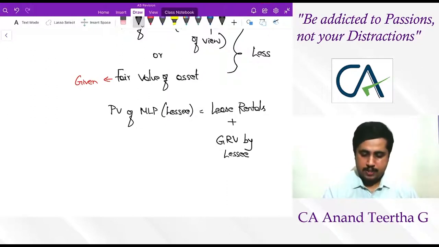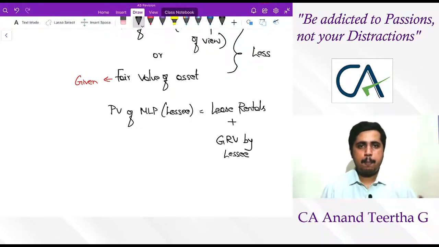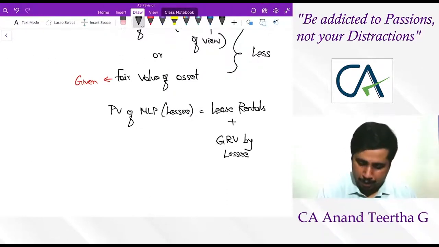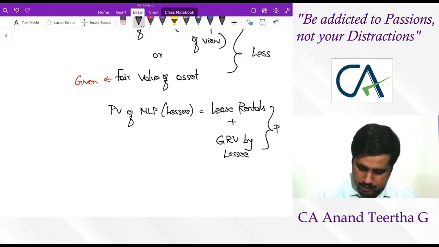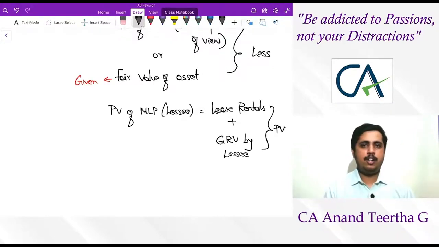Now the point is, this lease rental plus guaranteed residual value will give you minimum lease payment from lessee point of view. Take present value of this. If you take present value of lease rentals plus present value of GRV, guaranteed residual value, then it is going to become present value of minimum lease payment.